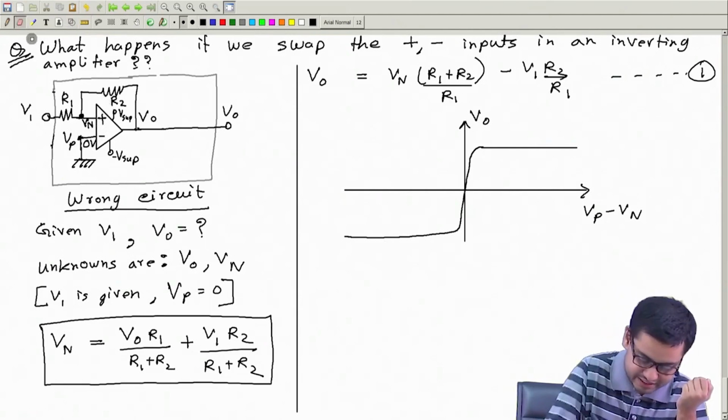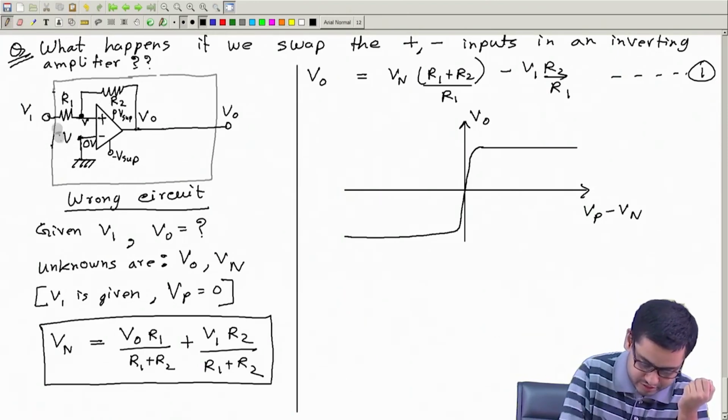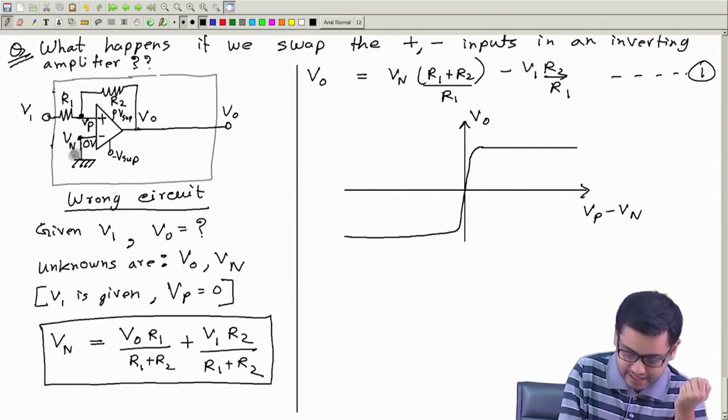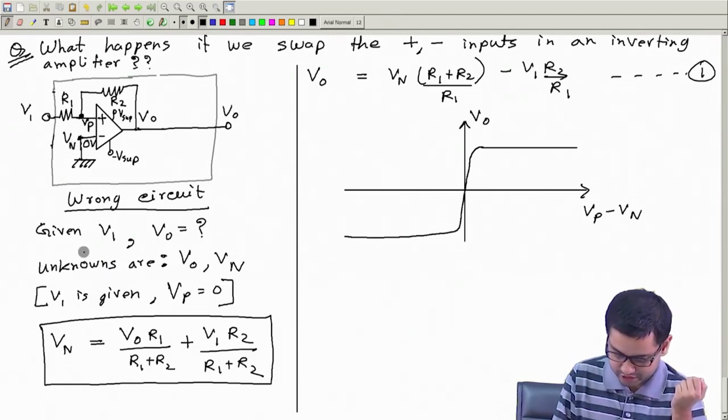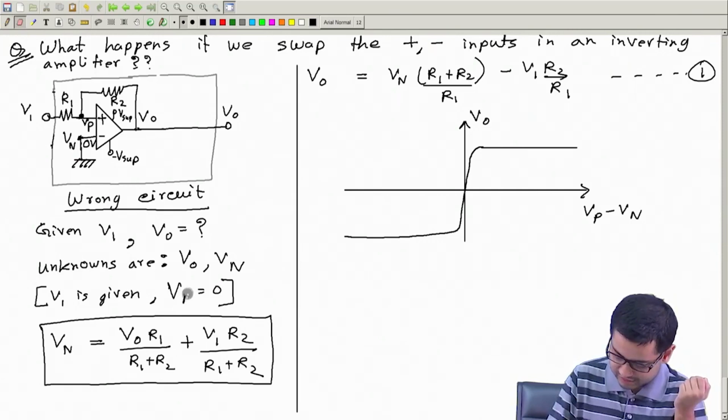So let me change these names. Let me make Vn equal to Vp and Vp equal to Vn, so that N stands for negative and P stands for positive. Everywhere now I have to make this N and this P.